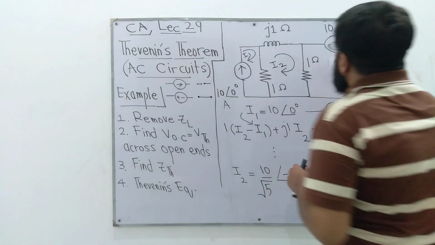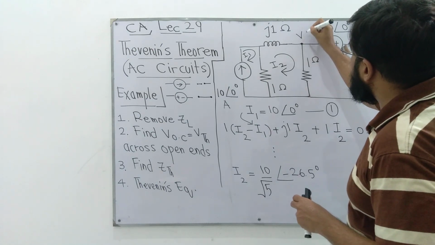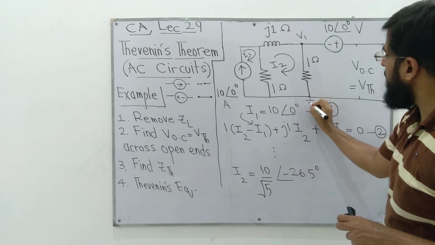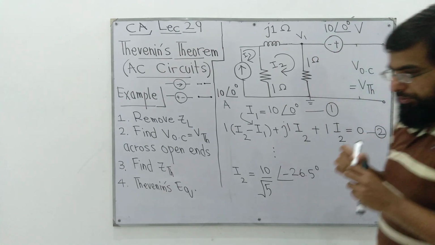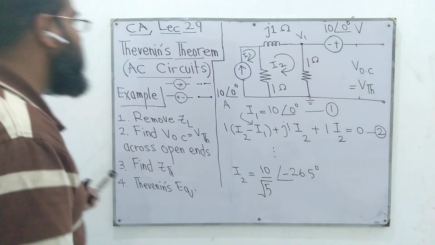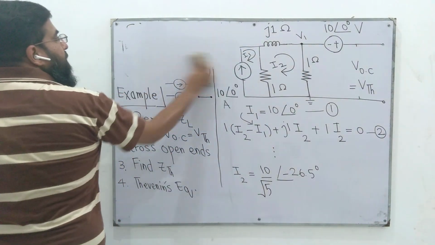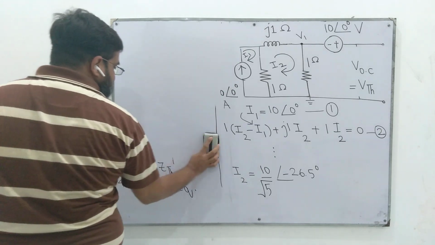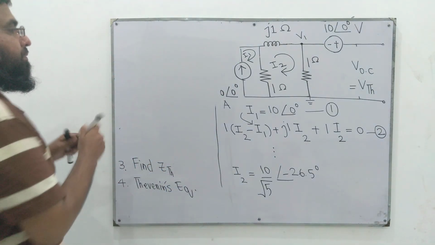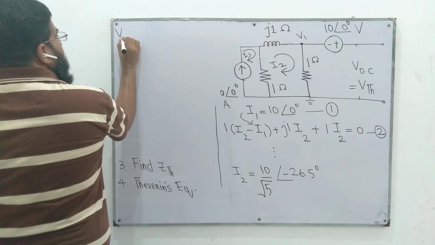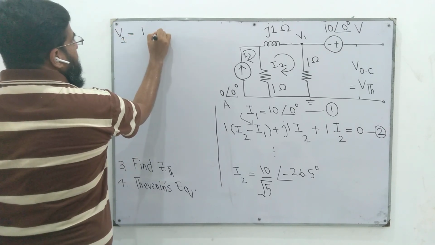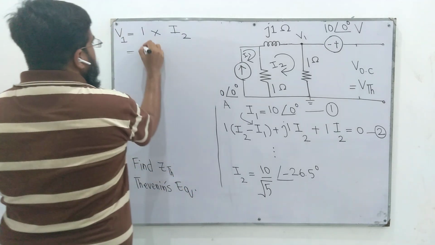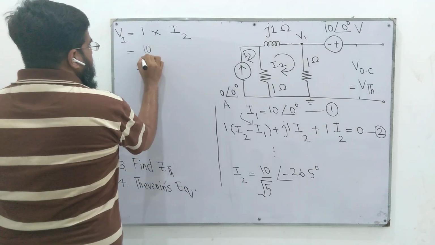Now we'll assume a voltage V1 here. The voltage V1 with respect to this ground is the voltage drop across this 1 ohm resistor, which is V1 is 1 times I2, which is the same as I2, 10 over square root of 5 at an angle of minus 26.5 degrees.